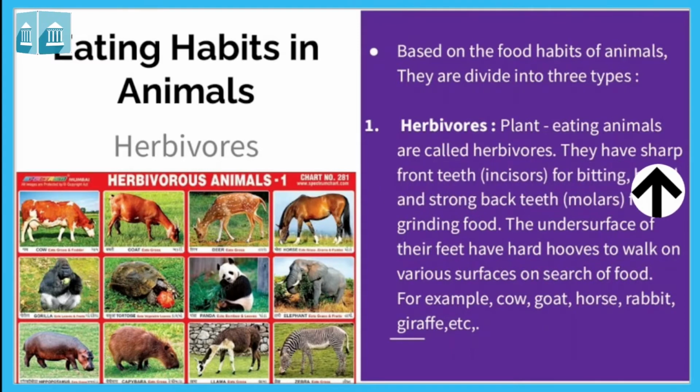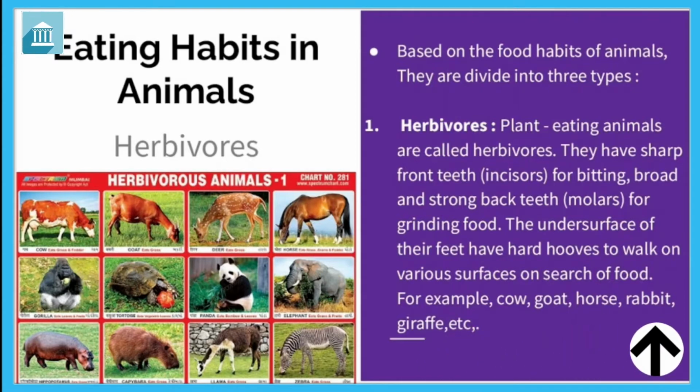They have sharp front teeth, incisors for biting, broad and strong back teeth, molars for grinding food. The undersurface of their feet have hard hooves to walk on various surfaces in search of food. For example, cow, goat, horse, rabbit, giraffe, etc.